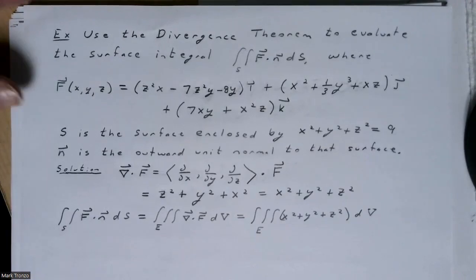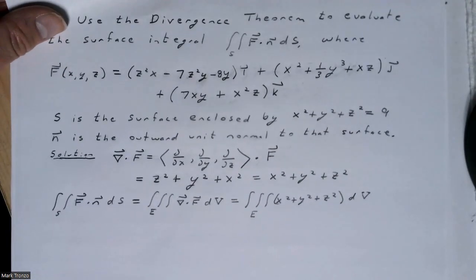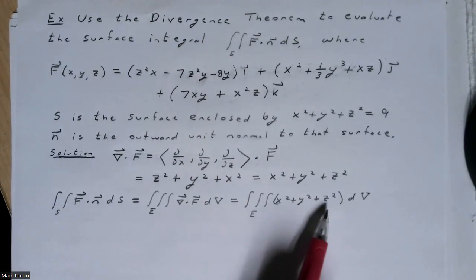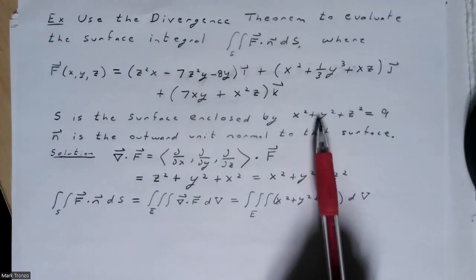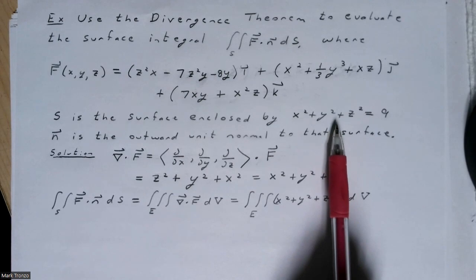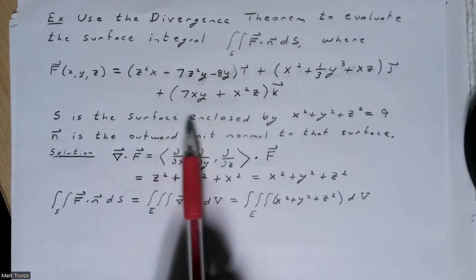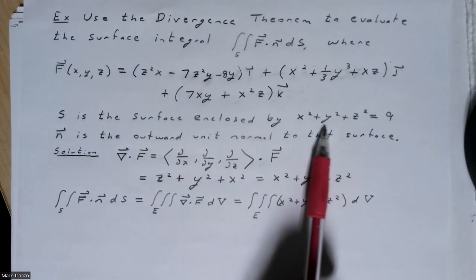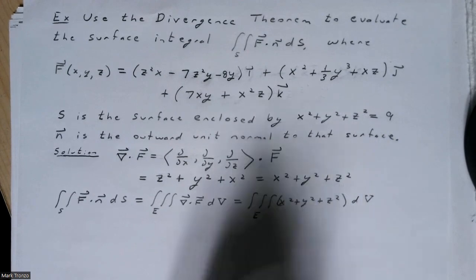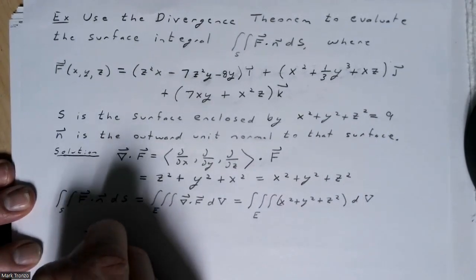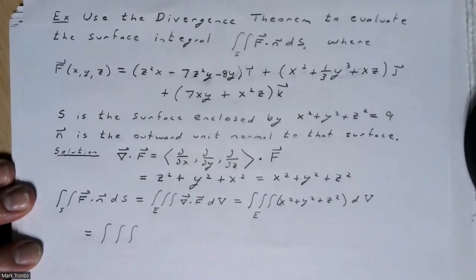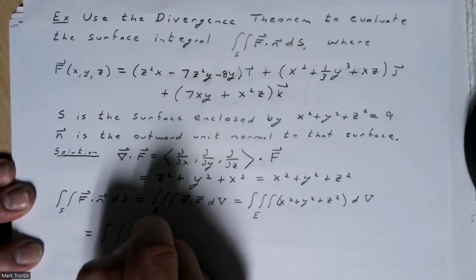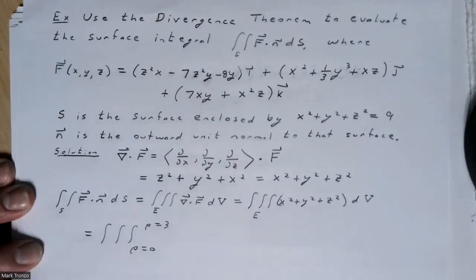Like this. And then finally, this looks like something that would be good for spherical coordinates. And of course, also the fact that we're integrating over a sphere. Remember, if this was a surface, we're integrating over the volume within that surface. And so that's a sphere of radius 3. So we can convert to spherical coordinates. And so we're going to go from rho equals 0 to rho equals 3.